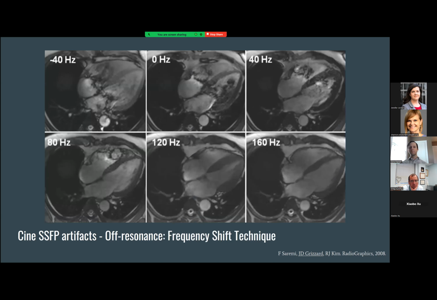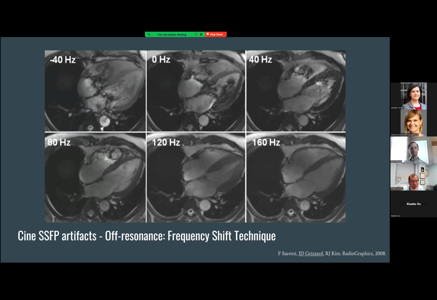And there's a third thing that we can do if we still are dealing with our dark band artifact and it's not fully suppressed after shimming, is we can take the center frequency and align it more closely with the frequency at which the water is resonating. So to do this, we would manually adjust it, or you could acquire a frequency shift scout image series like you see on the image here.